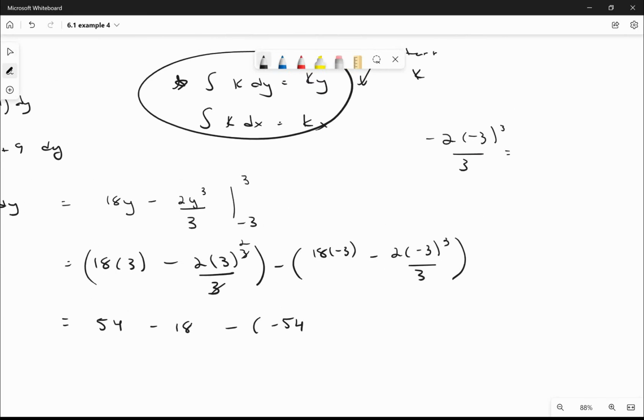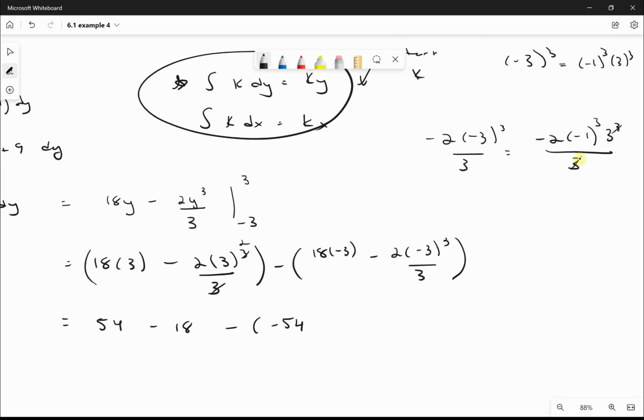This is going to be negative 2 times negative 1 cubed times 3 cubed, since negative 3 quantity cubed is the same as negative 1 cubed times 3 cubed.